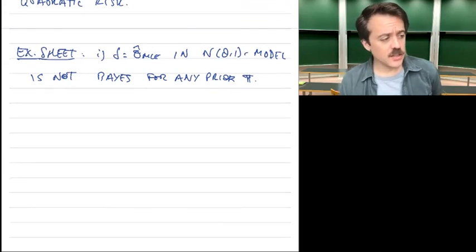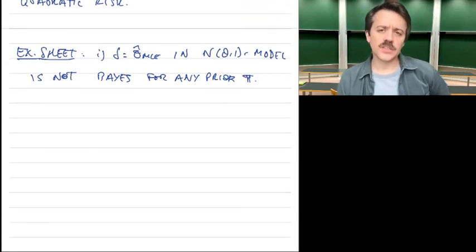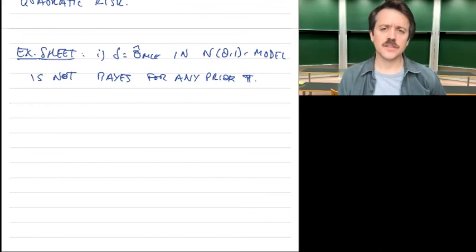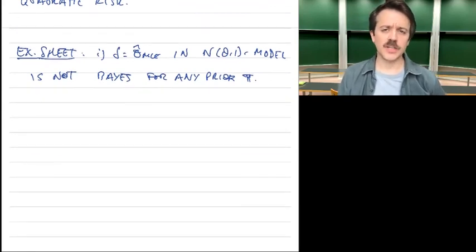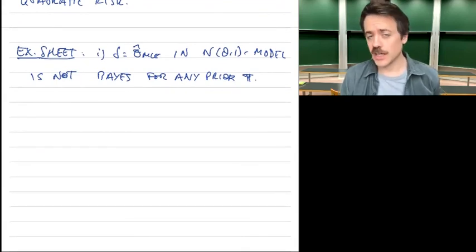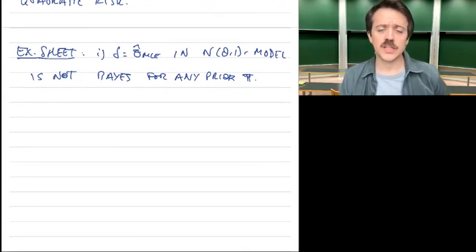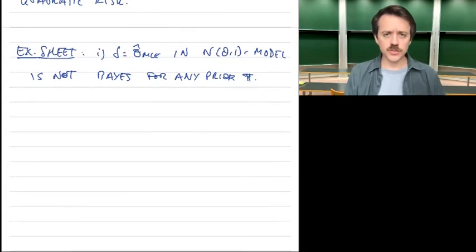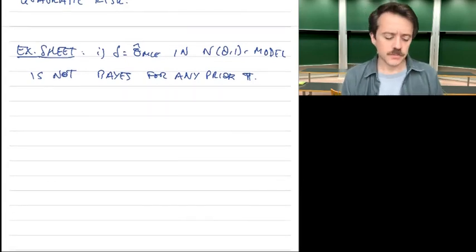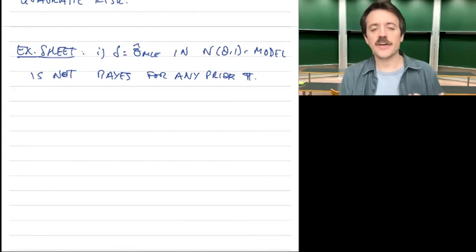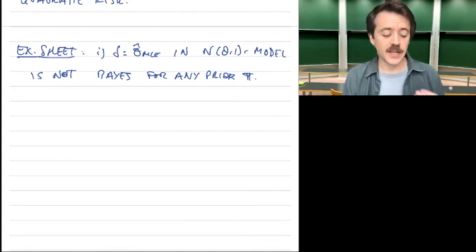So we've already seen an instance in which bias could be good. I remind you we talked about the Cramer-Rao lower bound, and we said that it may be possible to improve upon this lower bound for the variance of the estimator by biasing it.